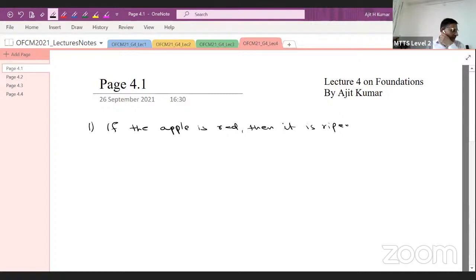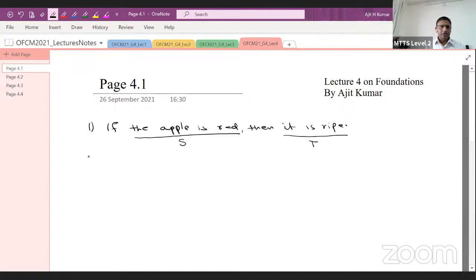You can see here, this is actually a combination of two statements. One is that the apple is red, that is one statement, and it is ripe is another statement. If I denote the first statement by S and the second by T, then it says that if S, then T.